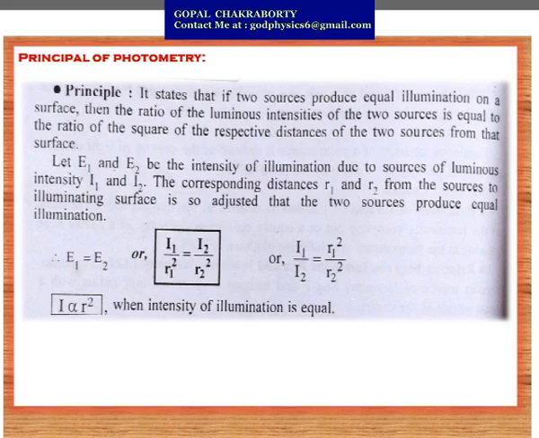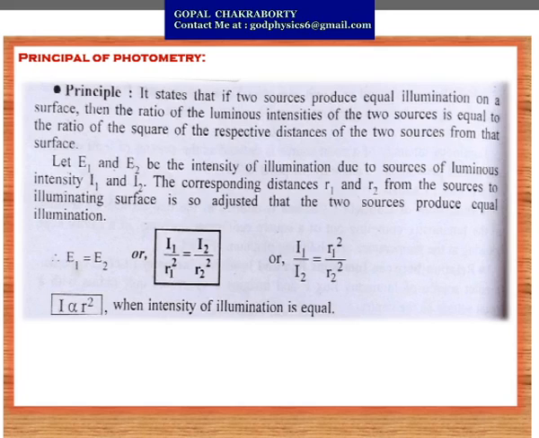Let E1 and E2 be the intensities of illumination due to the sources of luminous intensity I1 and I2. The corresponding distances R1 and R2 from the sources to the illuminated surface are so adjusted that the two sources produce equal illumination, so that you can say that the intensities of these two must be equal.